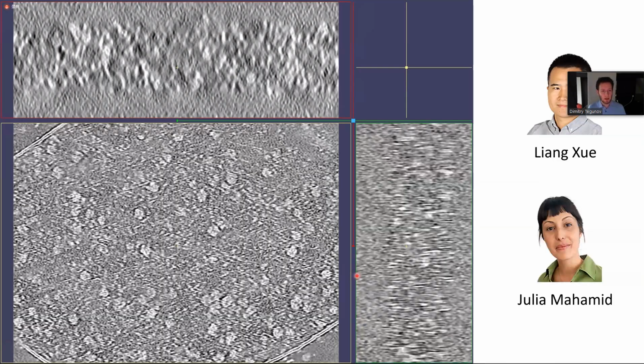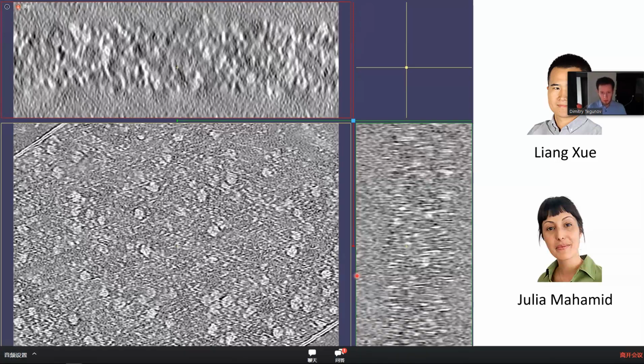And they had collected a very interesting data set where they took whole M. pneumoniae cells, put them on a grid, and those M. pneumoniae cells are tiny enough so you don't have to FIB mill them. So you can basically put them on a grid and collect data right away.